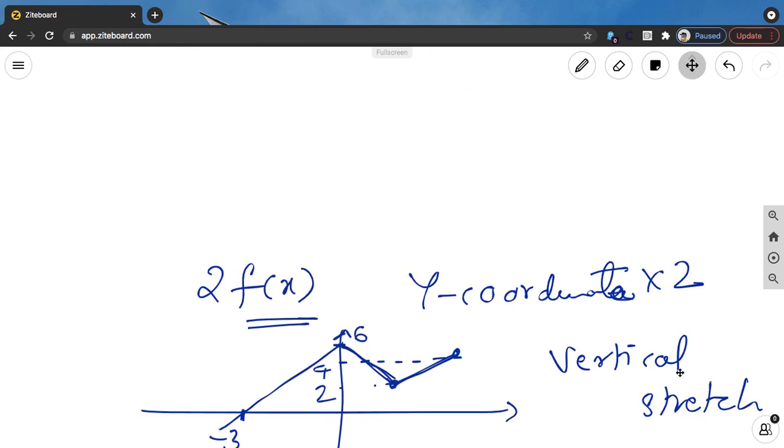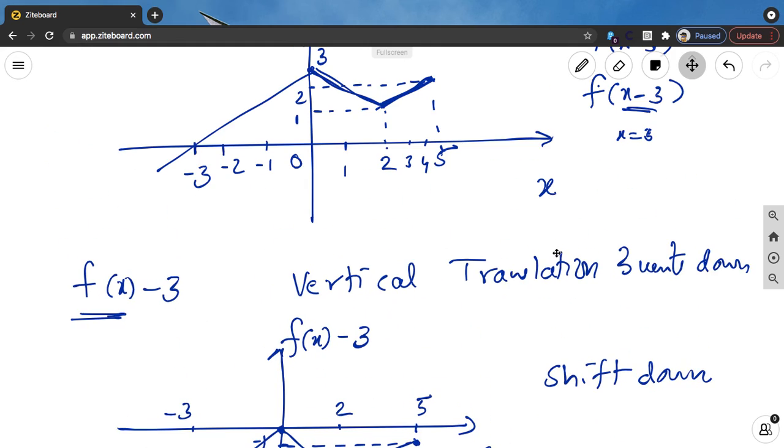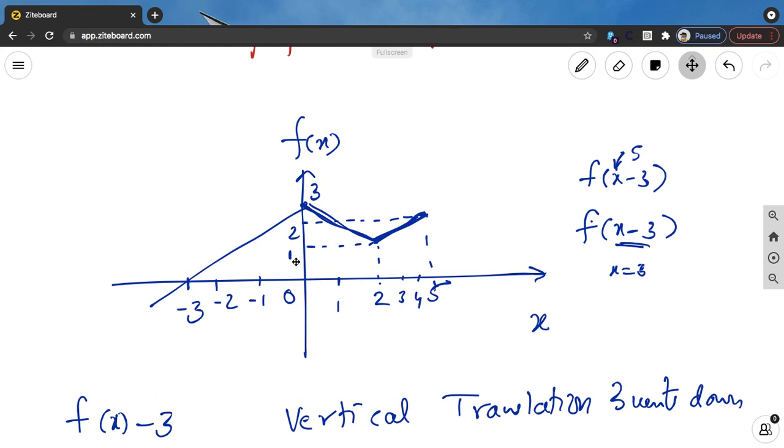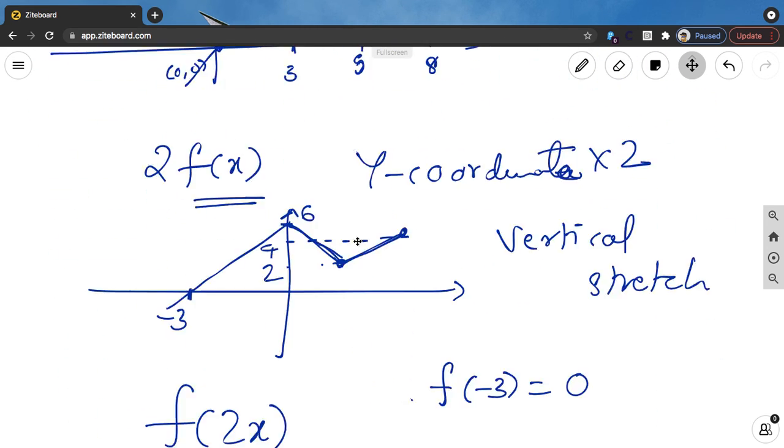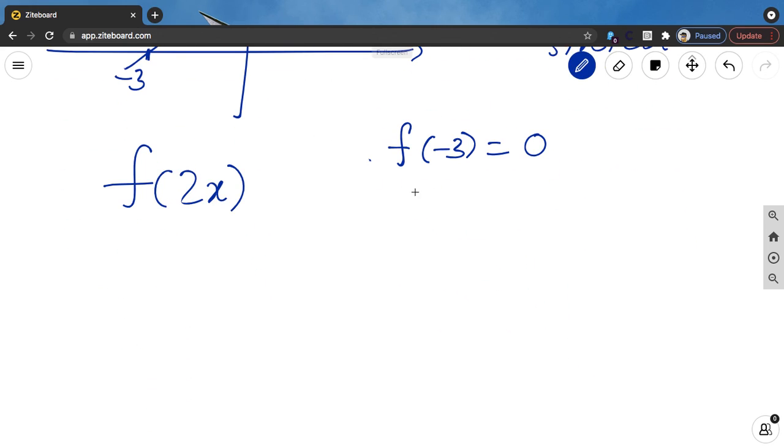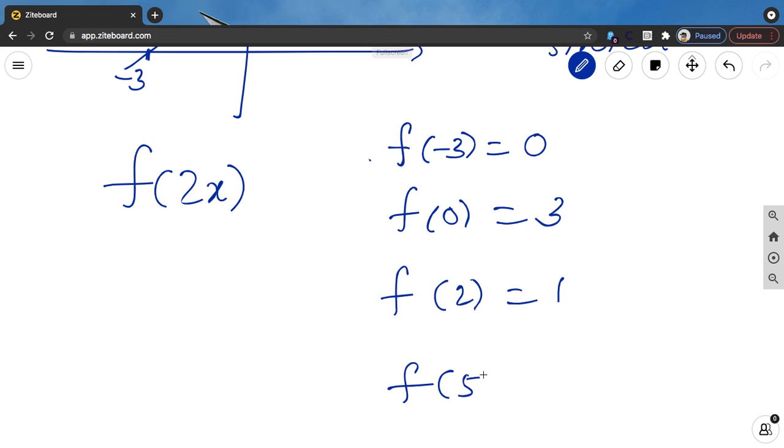F of minus 3 was 0, f of 0 was 3, f of 2 is 1, and f of 5 is 2. This is all the information I had. It is the same function, nothing has changed.